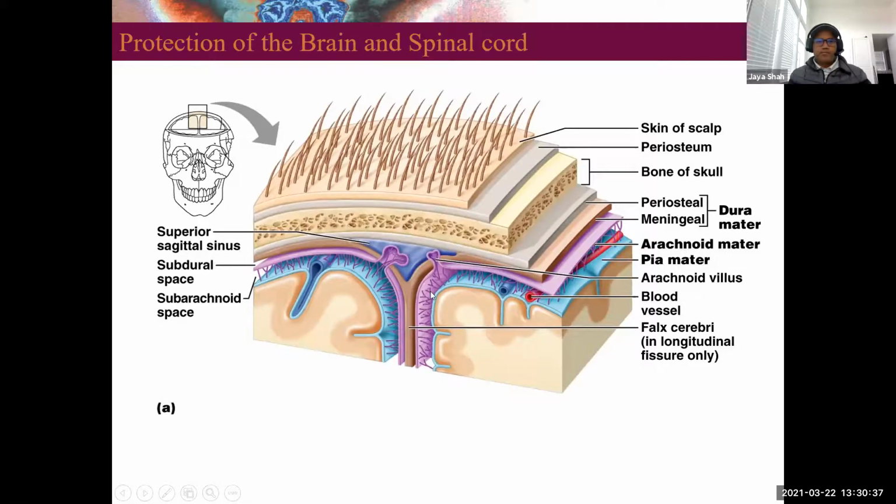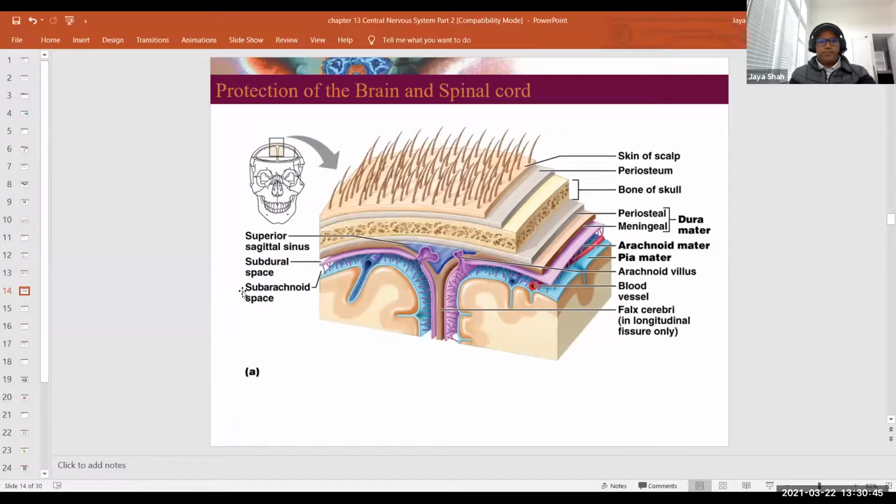So the CSF is produced and comes to your brain. And in the brain, you see there are some bumps of the arachnoid villi. We call them arachnoid granulations.